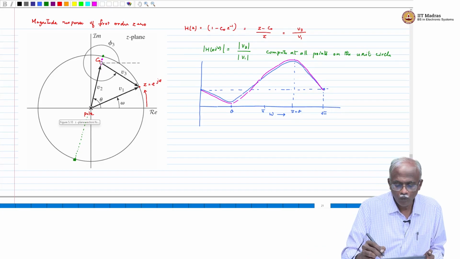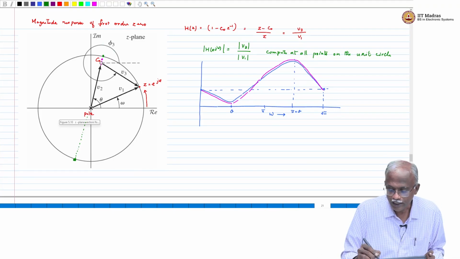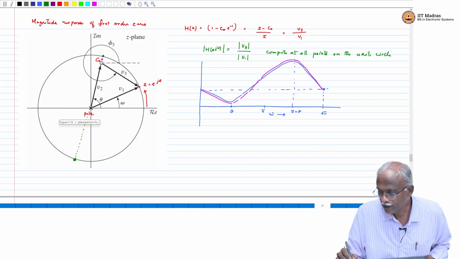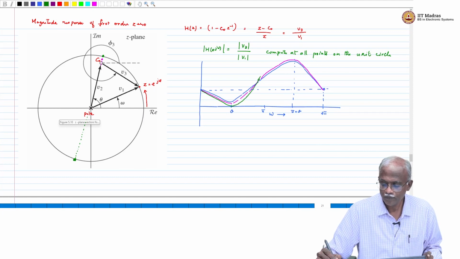Okay. Now, what happens if it touches the unit circle? The 0 goes to the unit circle. Then the green dot will actually touch 0 here, and then it will go to a peak value and then come down. Okay.